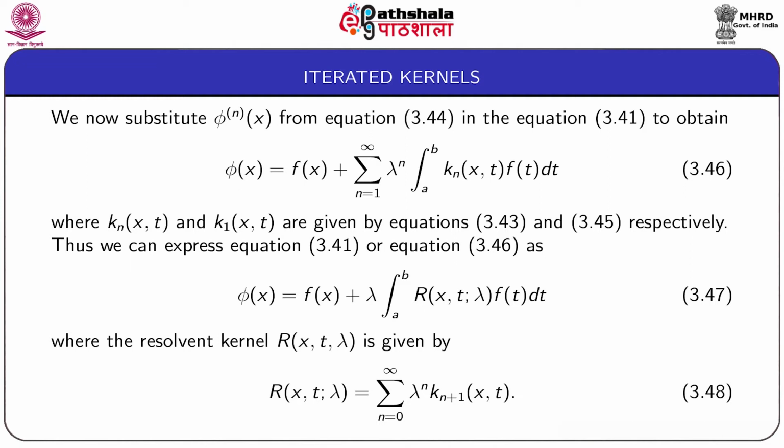Here the resolvent kernel capital R x t lambda is given by summation n equal to 0 to infinity lambda to the power n k n plus 1 x t, as given by 3.48. This we have obtained by comparing equation 3.47 with equation 3.46.